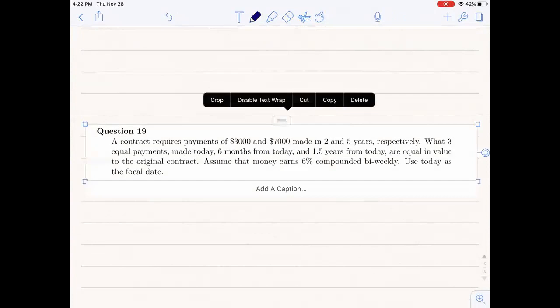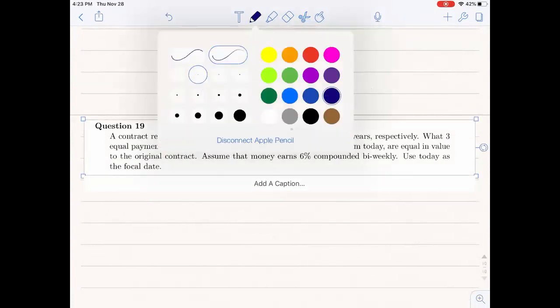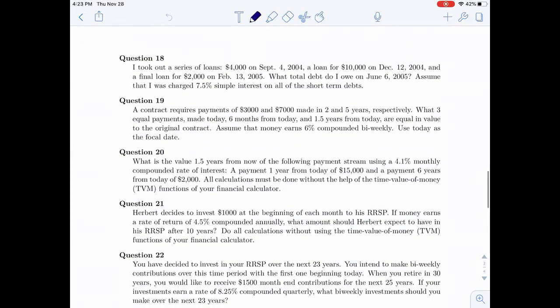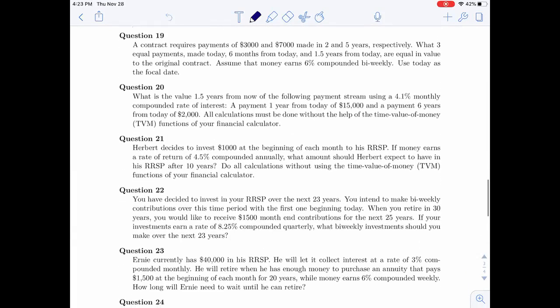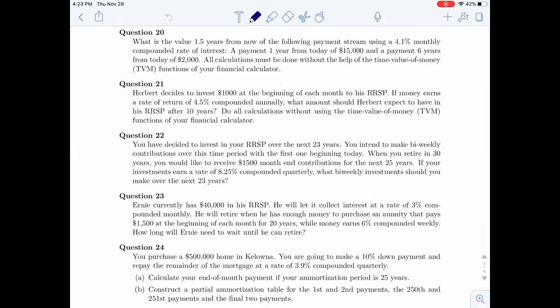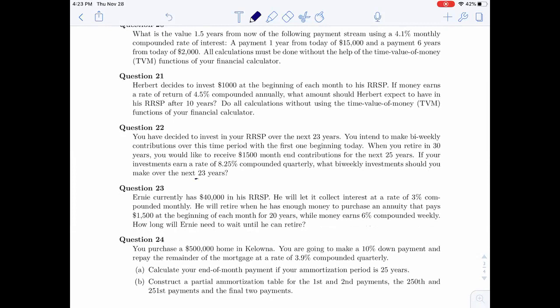Question 19. Oh, before I forget, on your question 22, it ends with, what biweekly investments should you make over the next 20 years?